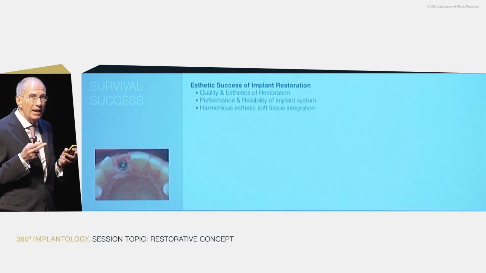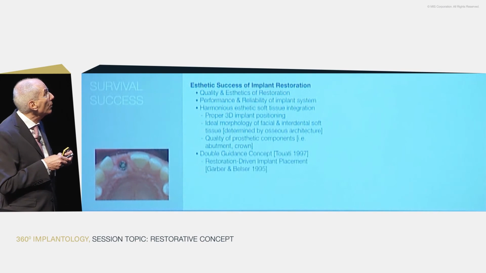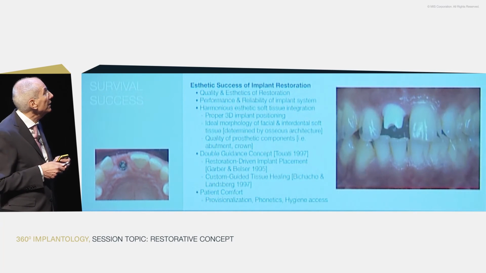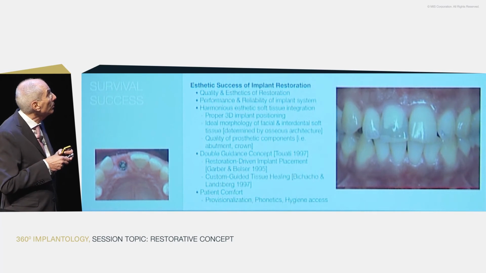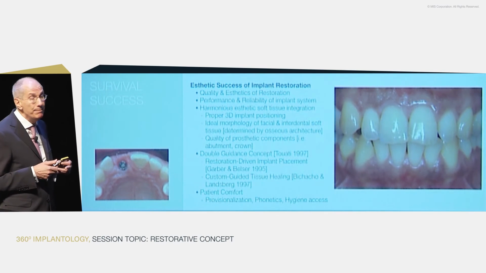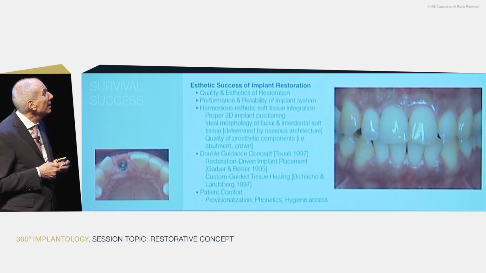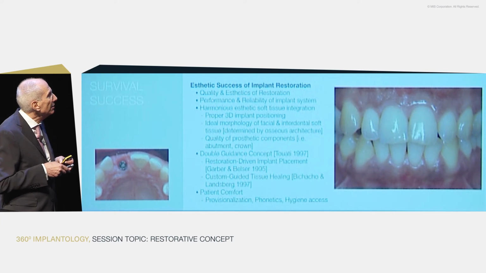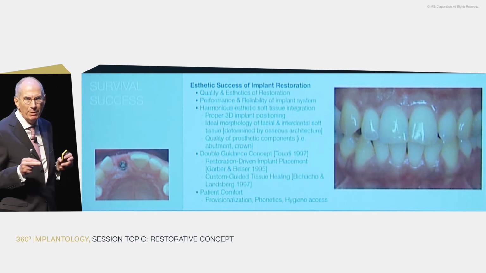So if we want to have an aesthetic success, of course, the quality and aesthetics of the restoration itself is very important, but also the performance and reliability of the implant system, as we have seen, is of high importance. And going back to history, you can see still today we want to have a restoration-driven implant placement.